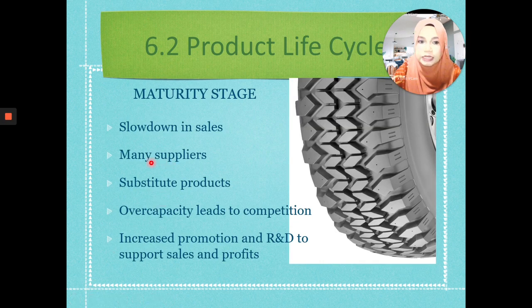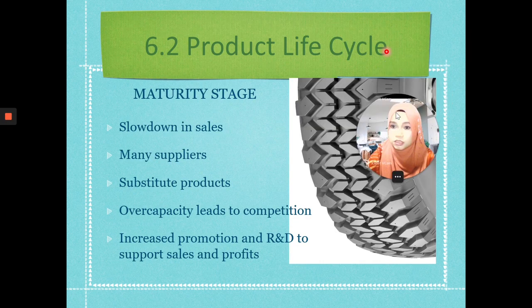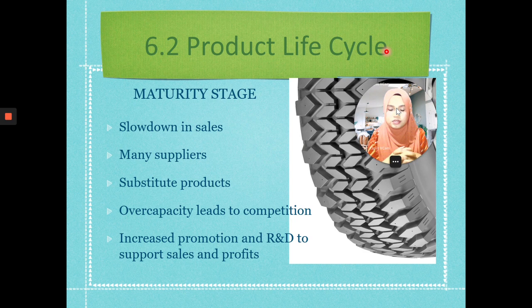What happened? There are many suppliers because competitors are in their growth stage, so many substitute products, right? And then overcapacities will lead to competition, because you are very happy when you're in the growth stage, so you keep on producing because you do not know when you will enter the maturity stage.